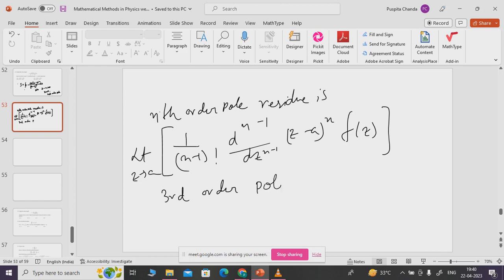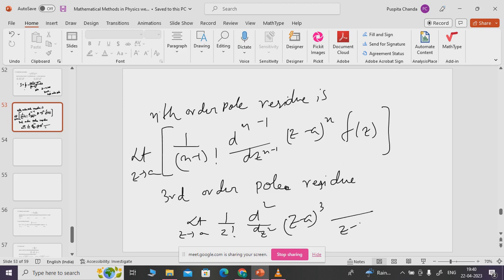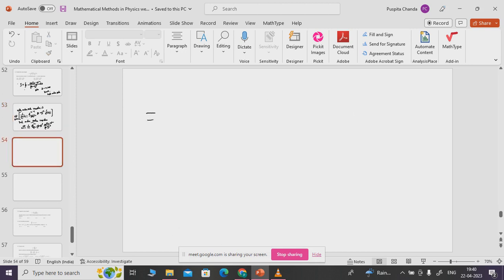Here for the third order pole, residue will be limit z tends to a, 1 by 2 factorial d squared over dz squared of z minus a whole cube times cos square z minus z square over z minus a whole cube.